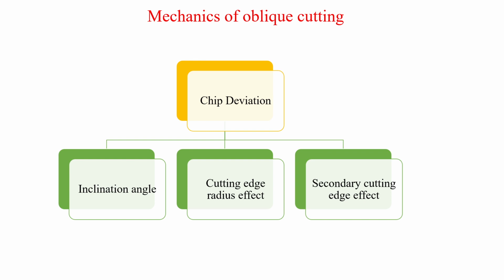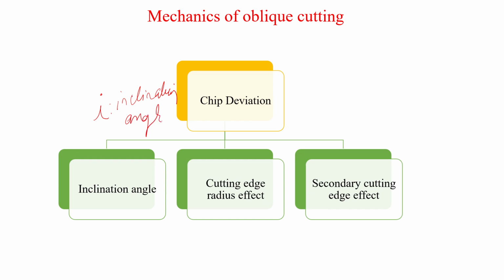So first is the inclination angle effect. We already discussed what the inclination angle was. Because of the inclination angle, the chip does not flow on the orthogonal plane, it gets deviated by an angle I. We know that the inclination angle is I, right?